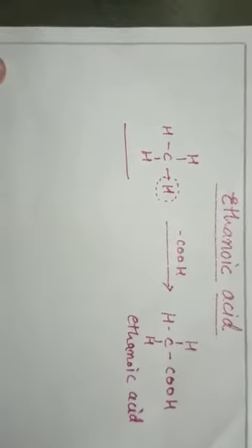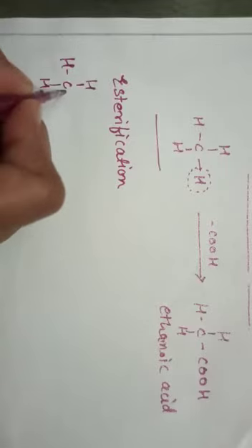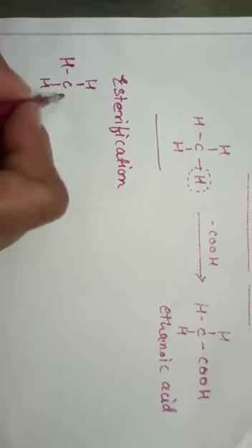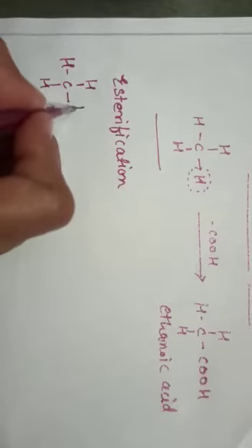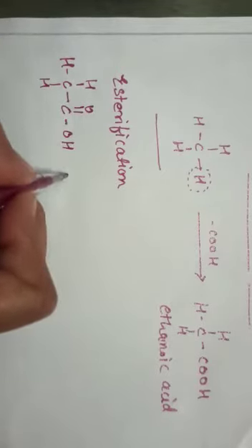Now we'll see the esterification. For esterification, we have to take ethanoic acid. The molecule which we received here, the same structure we will draw as ethanoic acid. Please, students, try to write the structural form of it so you will understand which group is removed from your reactant and how the new product is formed.